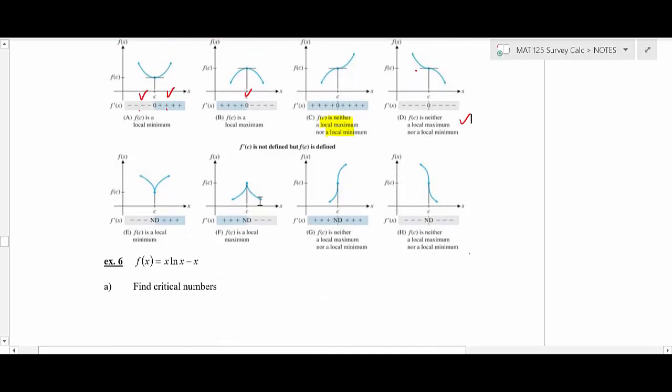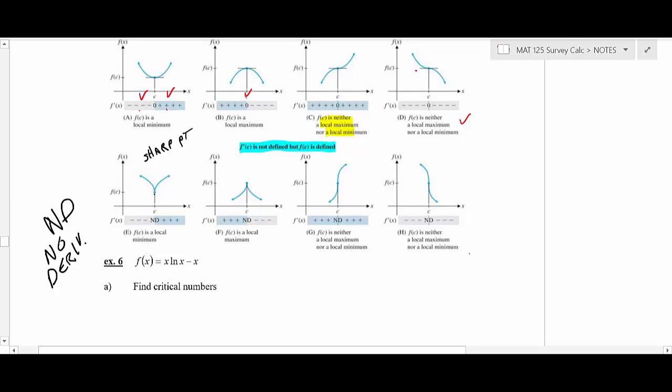Okay, but also sometimes the derivative is not defined. So you don't have a derivative. You might have a sharp point, and the derivative doesn't exist. So if you did a sign chart on this, the derivative would not exist. That's why we put ND, standing for no derivative. What you'd have is a negative derivative because the function decreases.